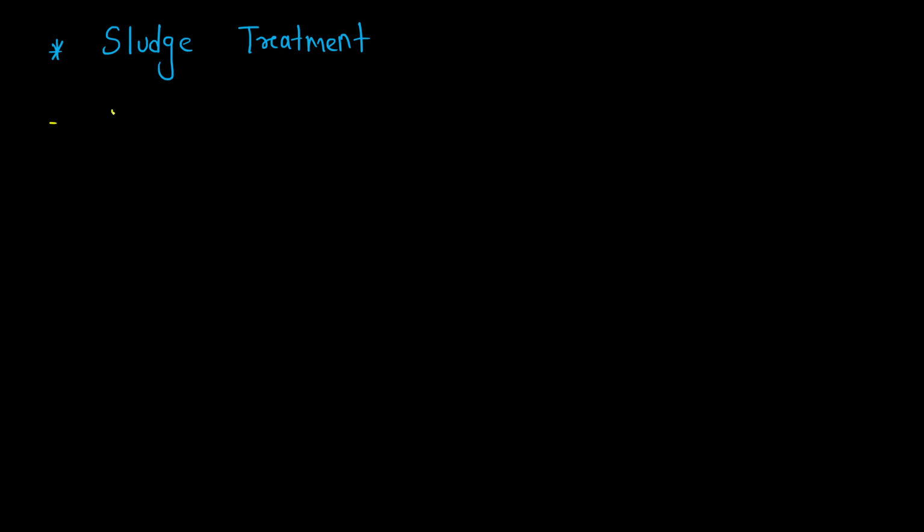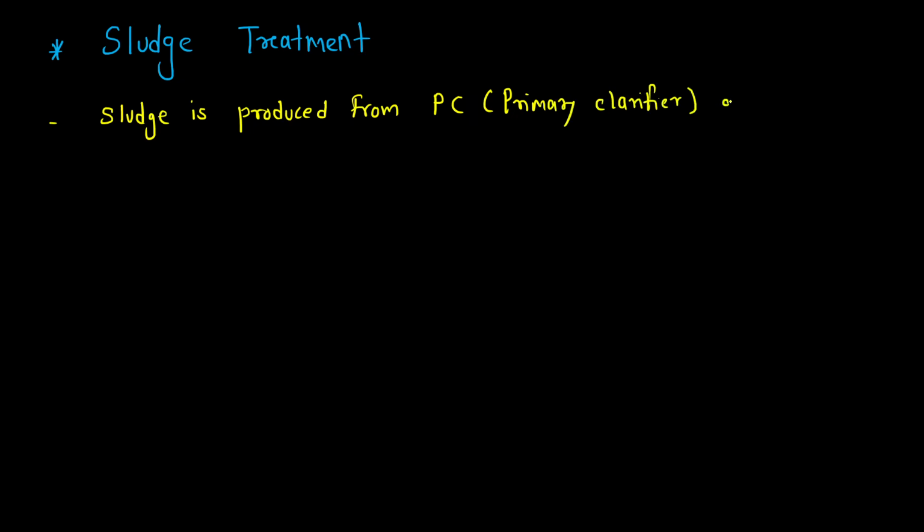So write down, sludge is produced from PC, that is primary clarifier, and SC, that is secondary clarifier.